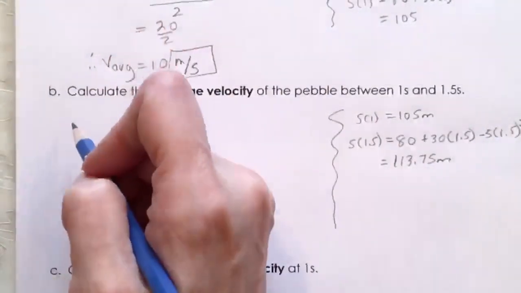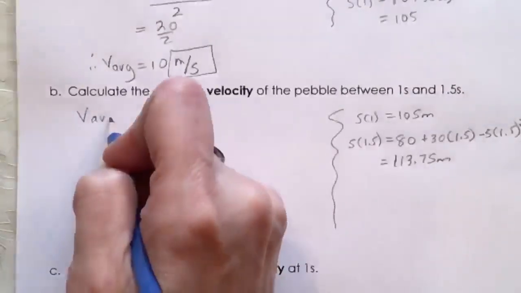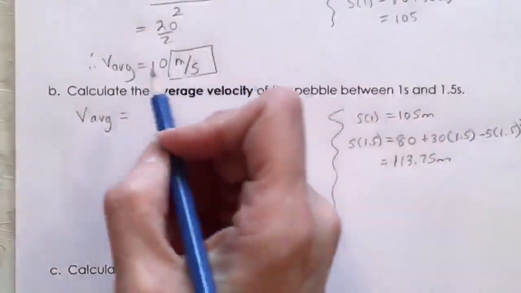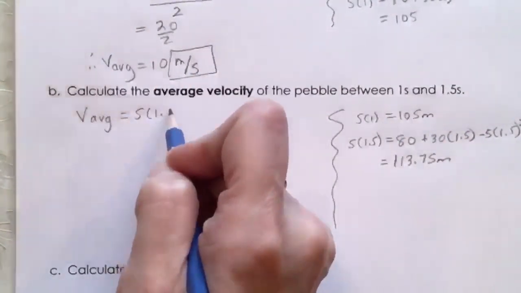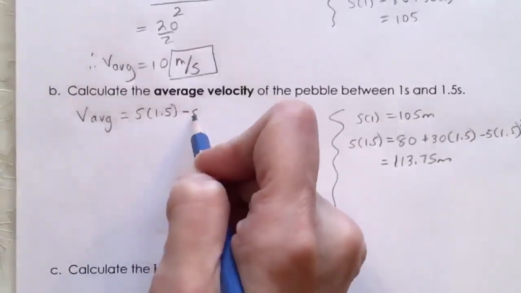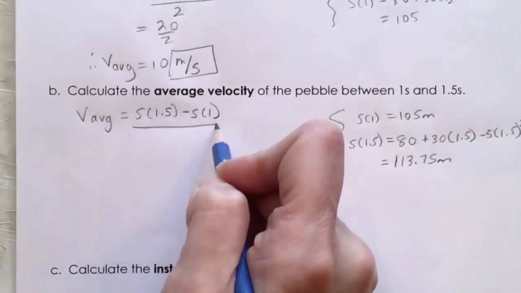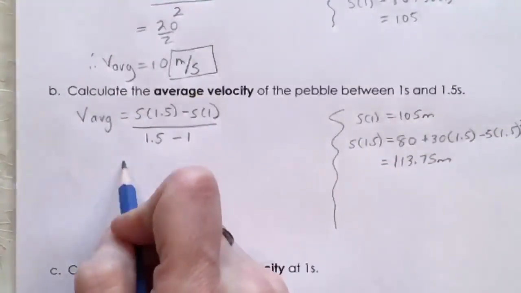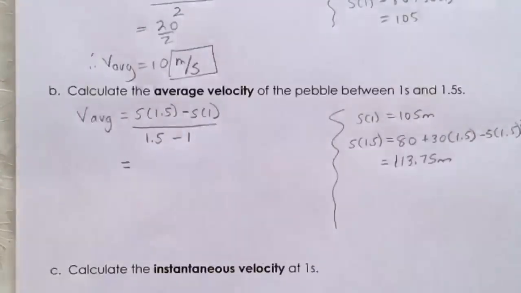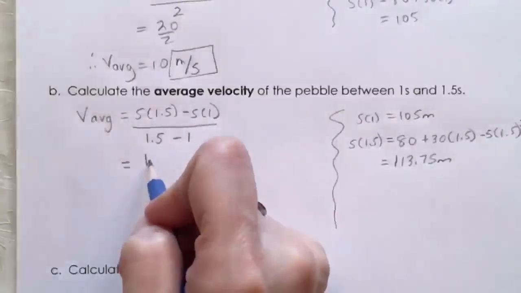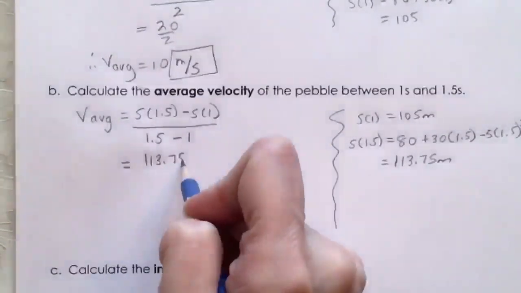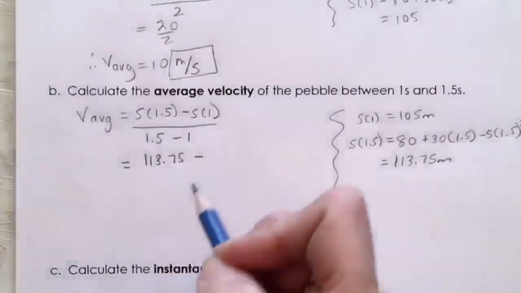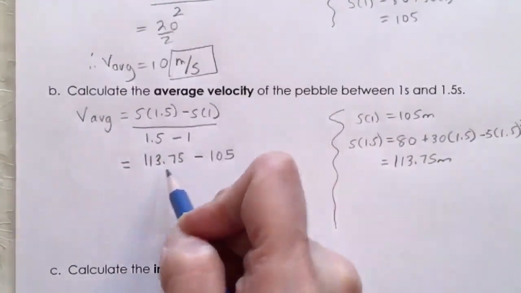So we're going to do the V average formula again because we're still finding average velocity. But this time it's going to be S at 1.5 minus S at 1 over 1.5 minus 1. So then S at 1.5 we figured out was 113.75 minus S at 1, which was 105.